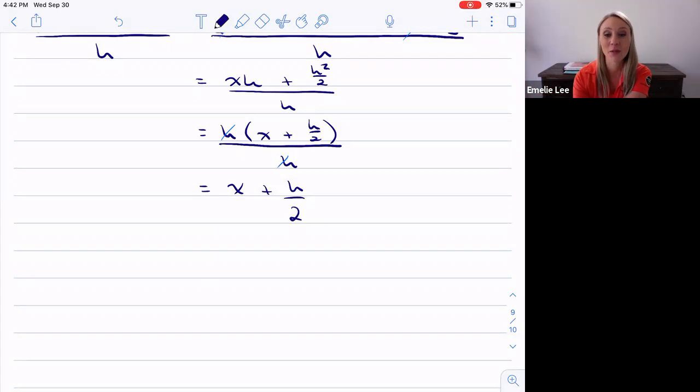Good. How about the vertical line test? That's better. How to determine if it's a function just using the graph.